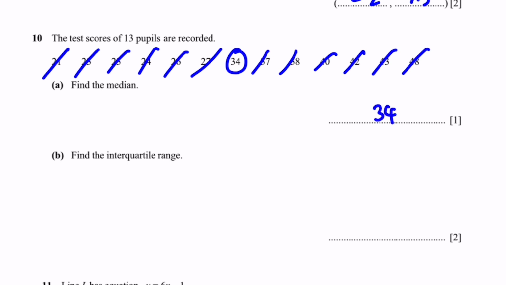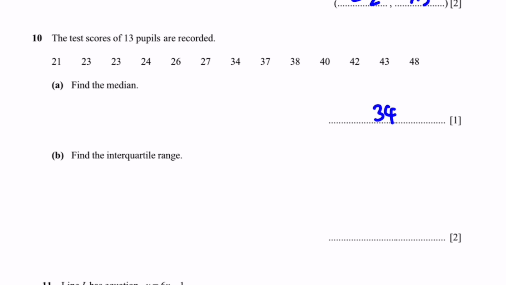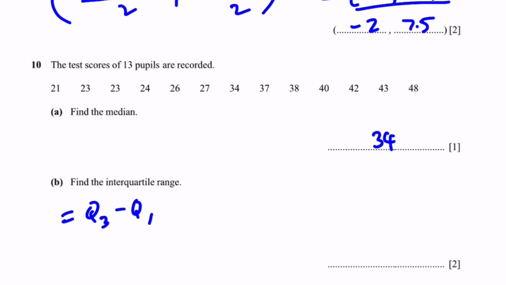B. Find the interquartile range. Let's just erase these marks. Well, the interquartile range over here is basically the third quartile minus the first quartile. And how do you find that? So we know the median is 34. So let's cancel this out. Now we have two halves here.